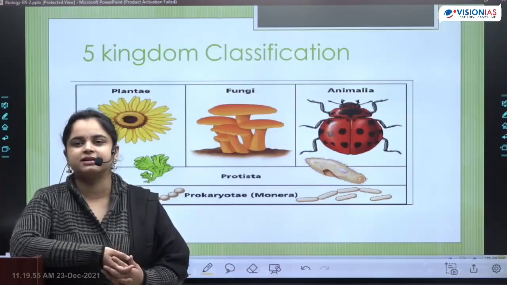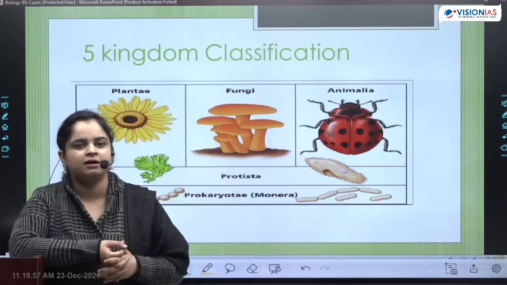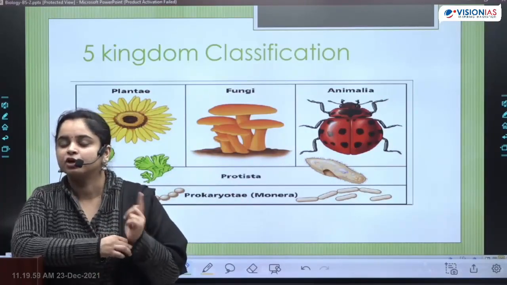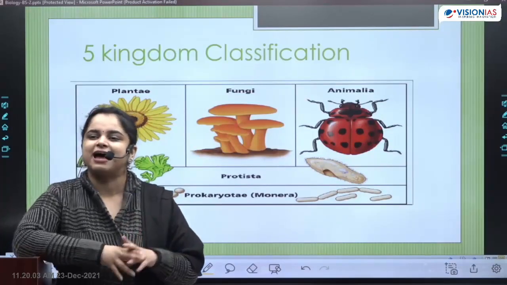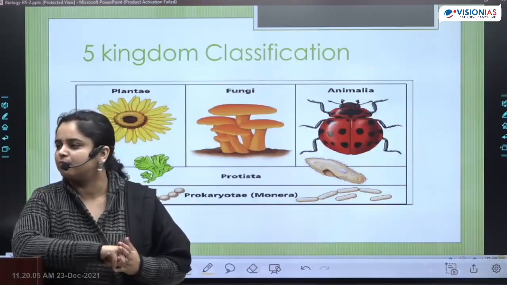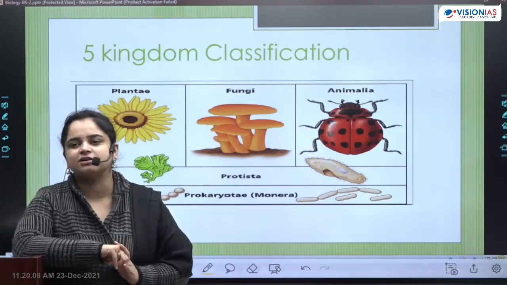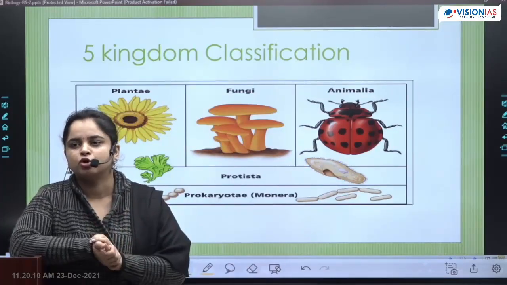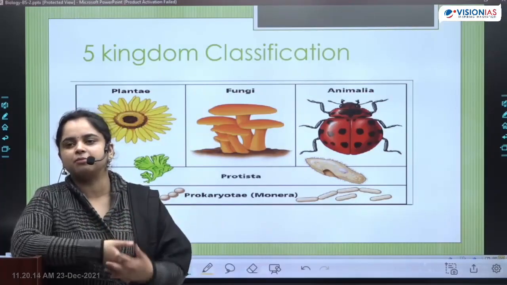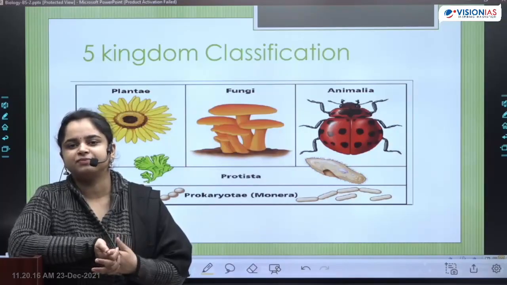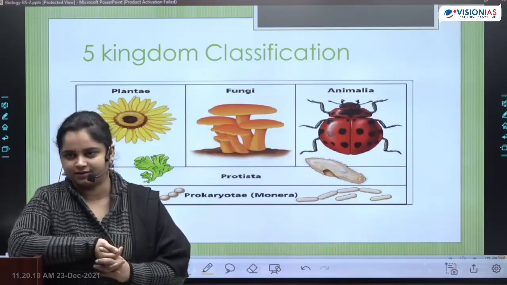The moment we say something is a plant, we will automatically know that all the cells of this plant's body will have a cell wall which will be made up of cellulose. We can make that generalization even without going and looking into it, right? So if we can have compartments, then it will be easier for us to identify.